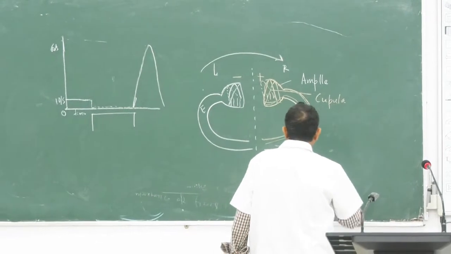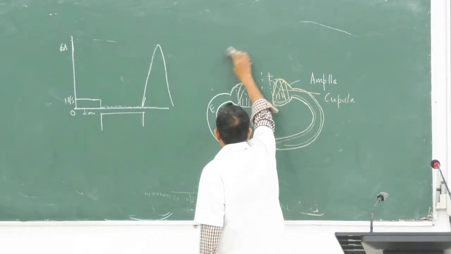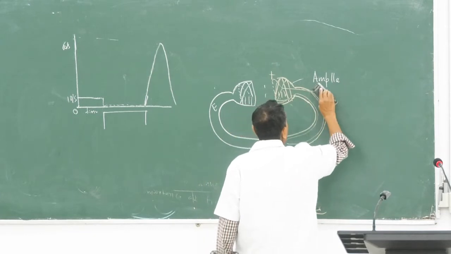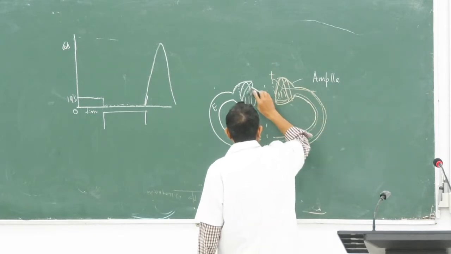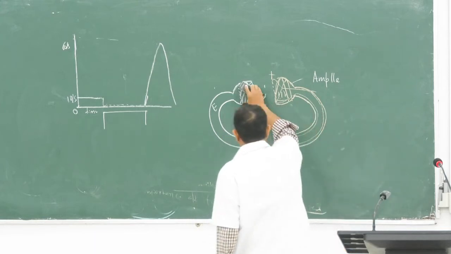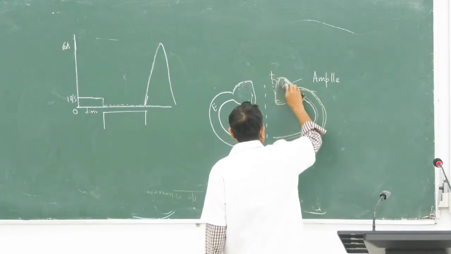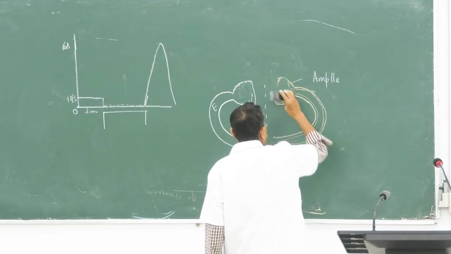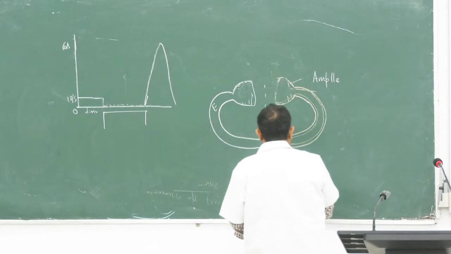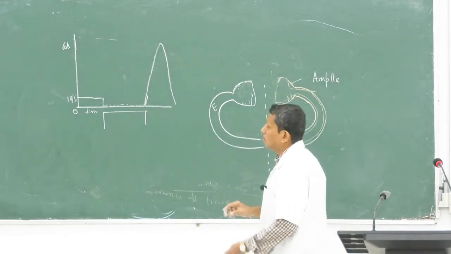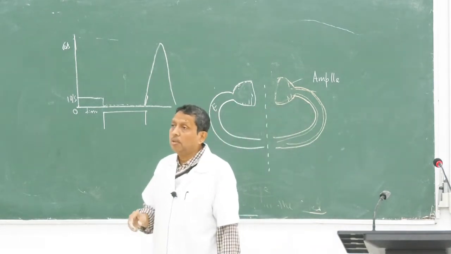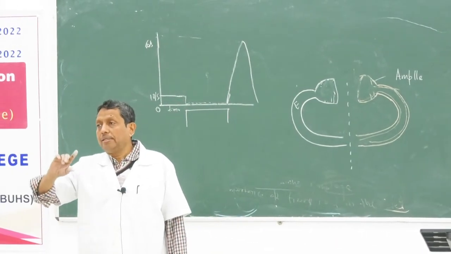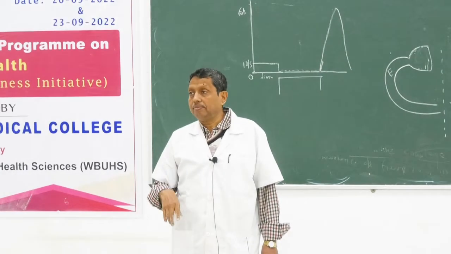Suppose the individual is placed in such a way that the horizontal canal becomes vertical.